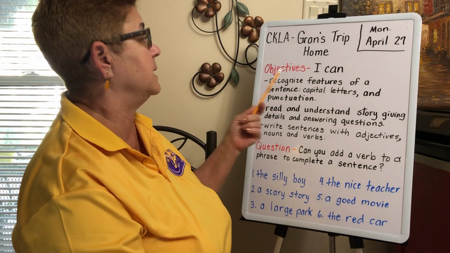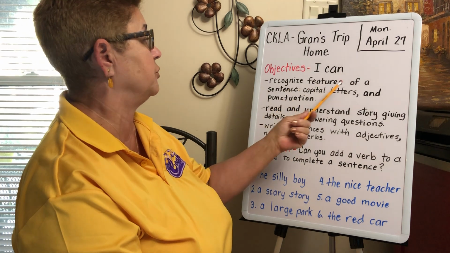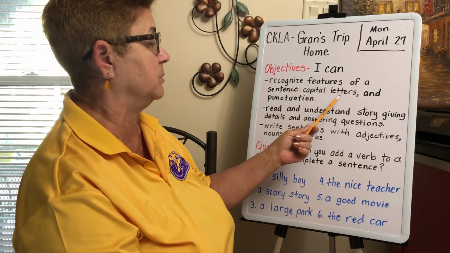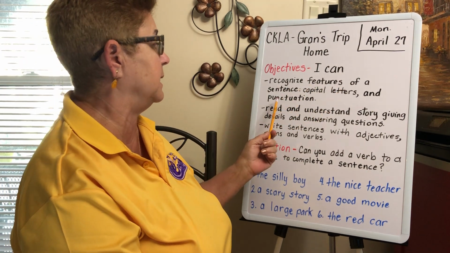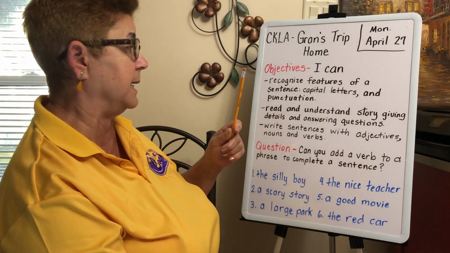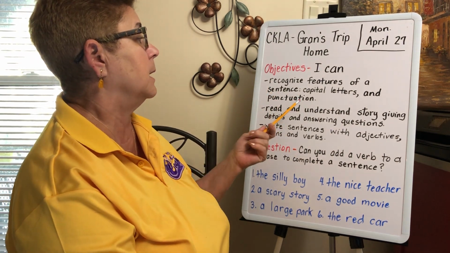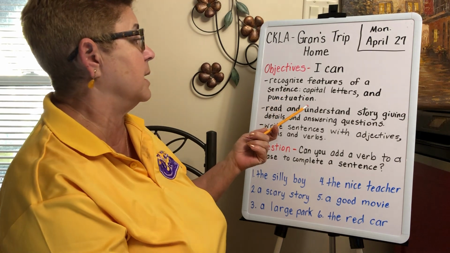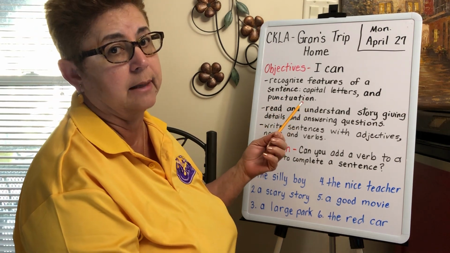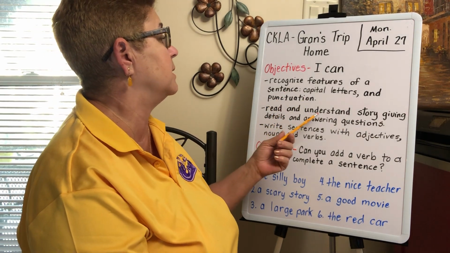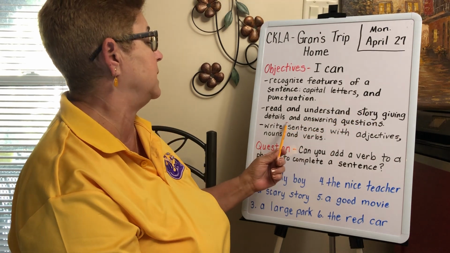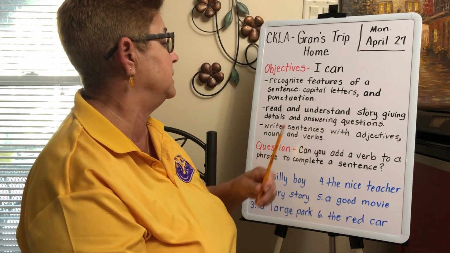The objective is I can recognize features of a sentence, such as a capital letter at the beginning of the sentence and some kind of punctuation at the end, especially a period, a question mark, or an exclamation mark to show excitement. I can read and understand stories, giving details and understanding questions.